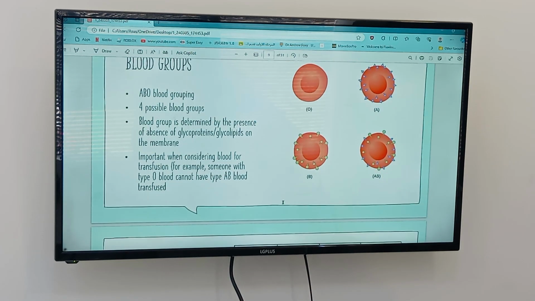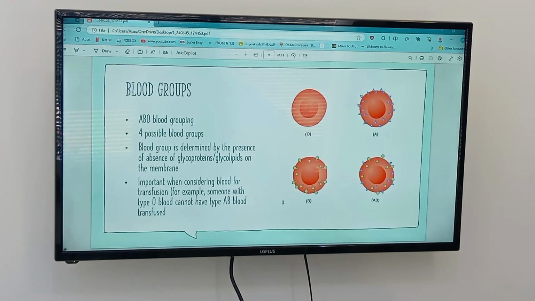Okay. What about the blood group or RH group? ABO: all the people in the world have either A or B, or they have neither A nor B. We can call that O or zero. Four possible blood groups.